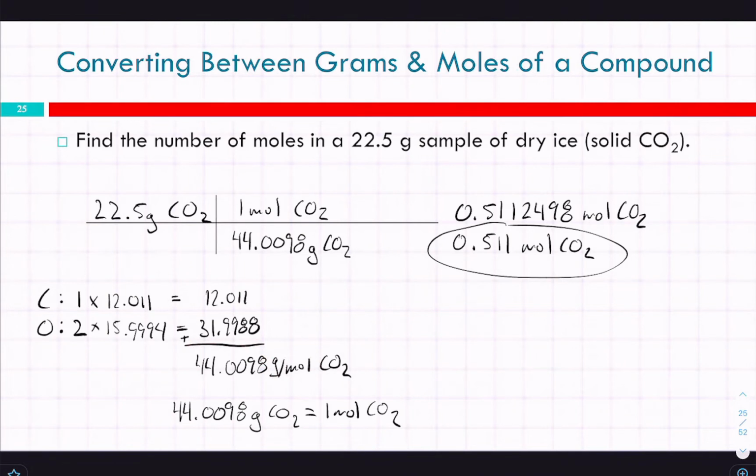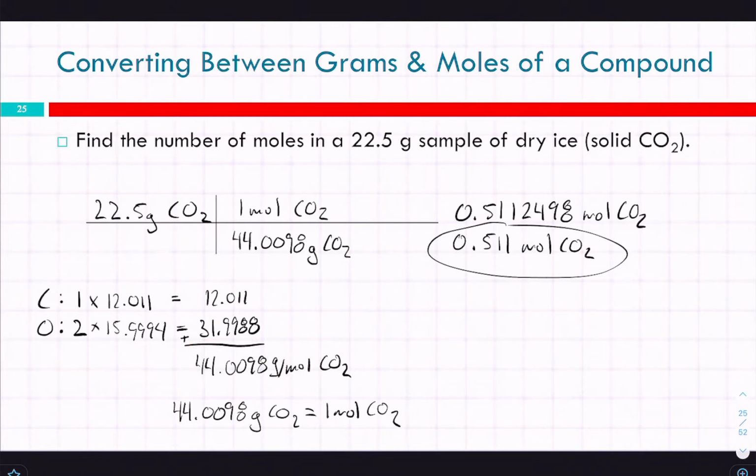So it's based on all of the elements that are in the compound. We're just creating all of our conversion factors now, which in some ways makes it easier because you're given the compound name or formula, and then you know how to build that conversion factor between grams and moles. You don't have to memorize a table of values.